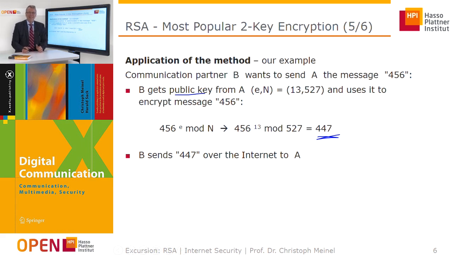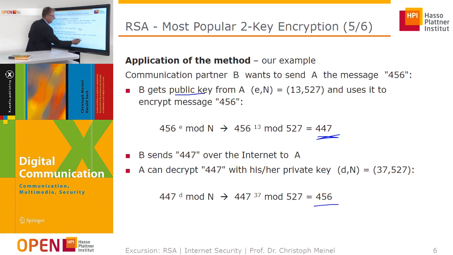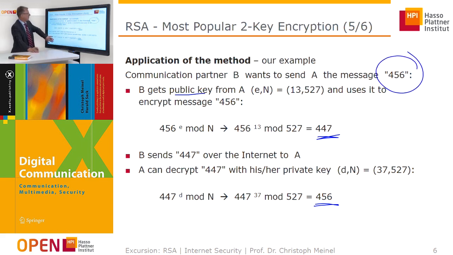This cipher is sent over the open internet to A. A gets this, and A applies his private key, d and n, which was 37, 527, and now takes the cipher up to d, up to 37, modulo 527, and A gets back the original message, which was this 456.